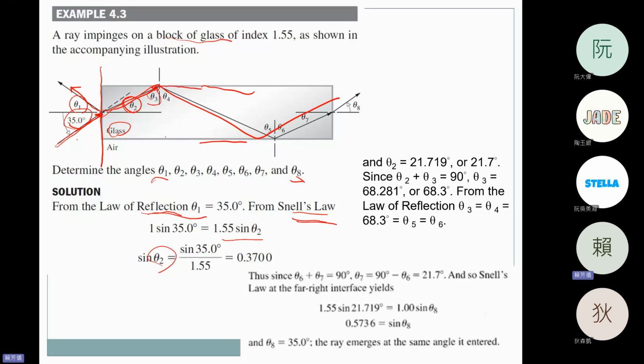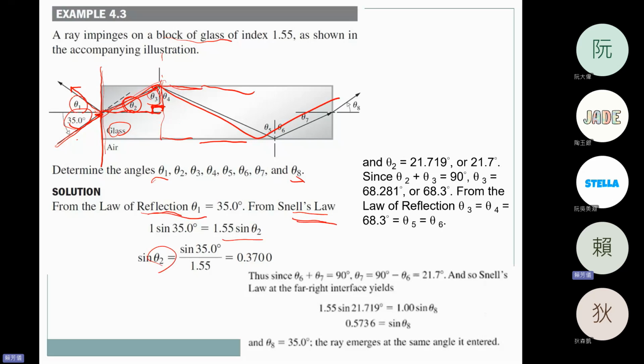And for theta 3, because this block has two parallel surfaces, and this is the normal line of the interface, it constructs a triangle, this kind of triangle here.